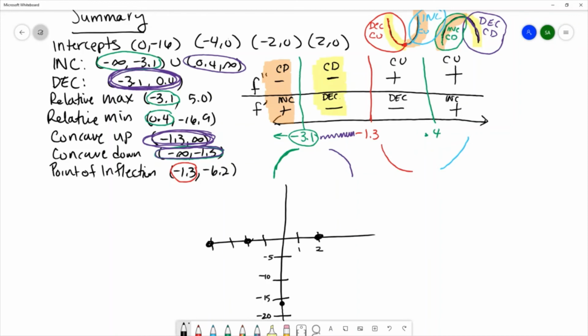And then I'm going to start drawing the curves. Oh, sorry, I need my points of inflection and my extrema first. That's going to be at -3.1 and 15. Remember, I'm counting by fives on the y scale, so 5, 10, 15.